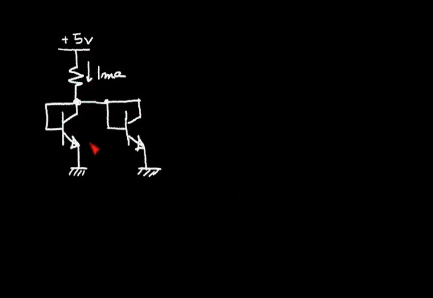And the key thing is that these transistors are identical. So that means that they have equal amounts of current flowing in the emitter. So this current is 0.5 milliamps, and this current in this emitter is 0.5 milliamps.